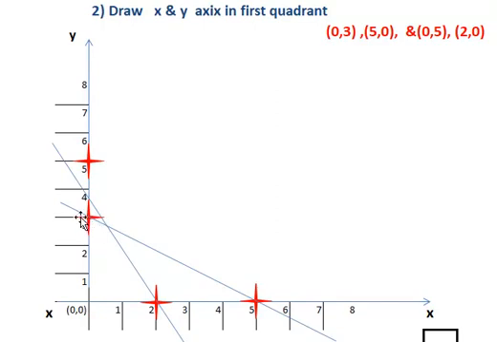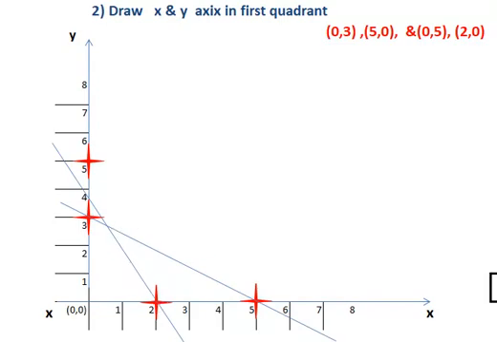This is the first equation, which talks about 0, 3 and 5, 0, represented as equation number 1, and the second equation is drawn over here, that is 0, 5 and 2, 0. So we got two lines now.